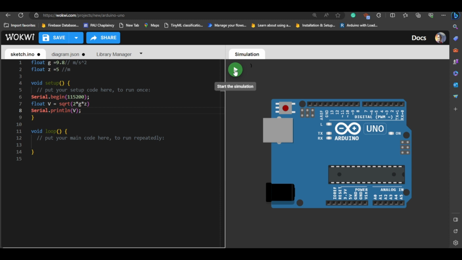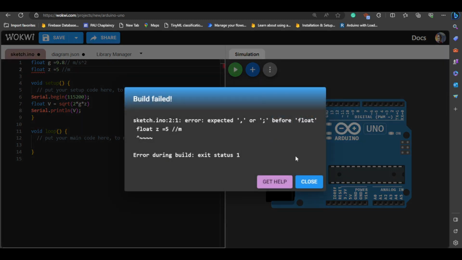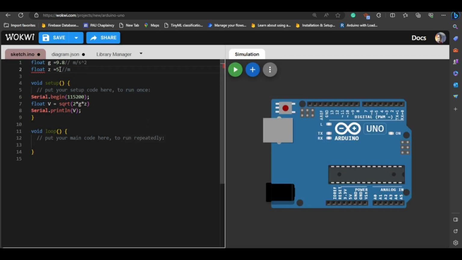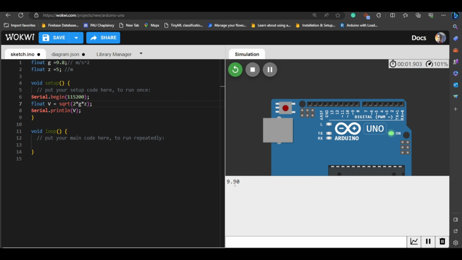So run it and we get, oh, let's put a semicolon here, here and also here. Run this and we got a value of 9.90. Boom.